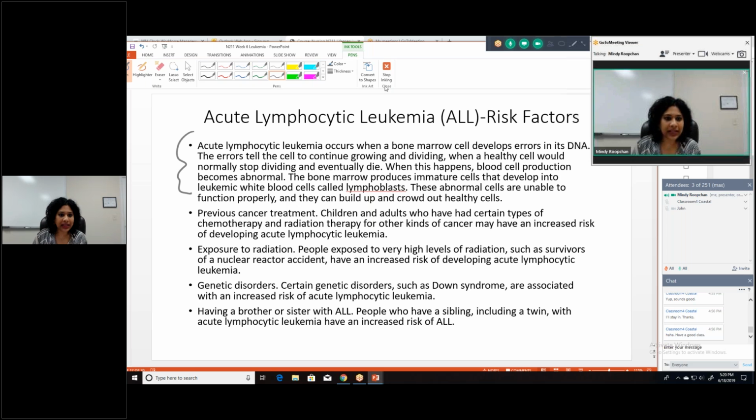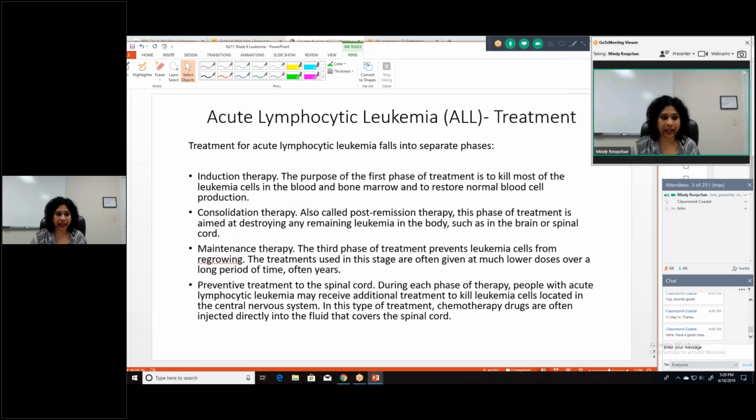But what are the risk factors? If there's previous cancer treatment we talked about, if they've been on chemo or radiation, they're going to have a higher risk. If they're exposed to radiation, they're going to have a higher risk. If there's a genetic disorder, we talked about Down syndrome. If they have a brother or a sister, a sibling, they are also at risk for ALL.